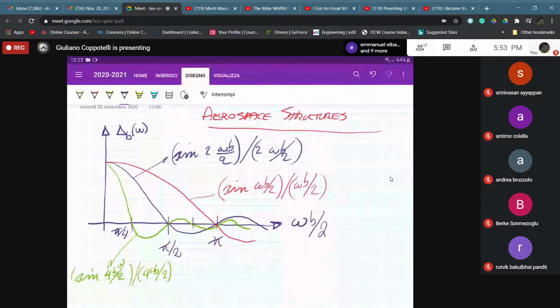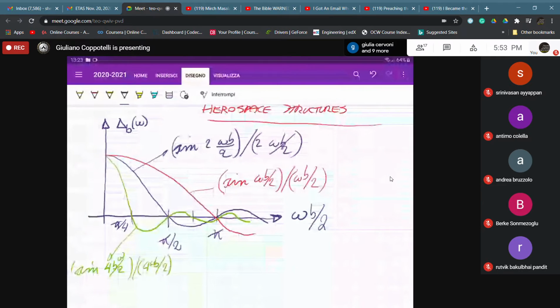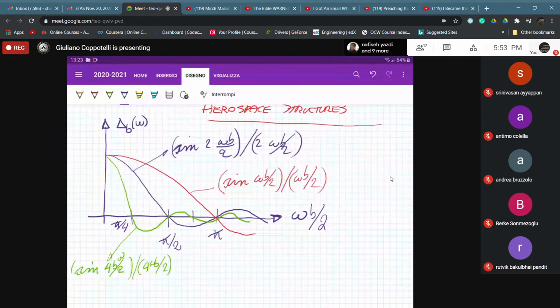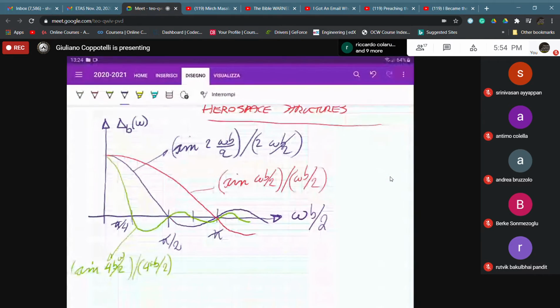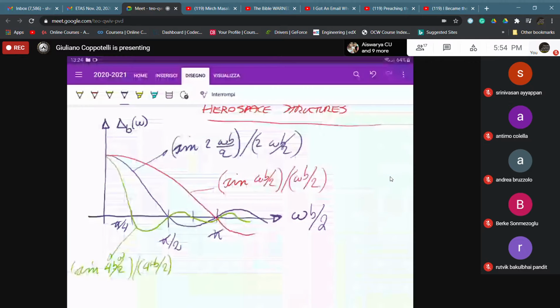Worse, this plot also shows some parts of the omega b half axis that are not excited at all. And of course, this zero excitation, that is the crossing of your curve with the x-axis, is happening at the nodal points that in this representation are half pi, pi, and so forth.